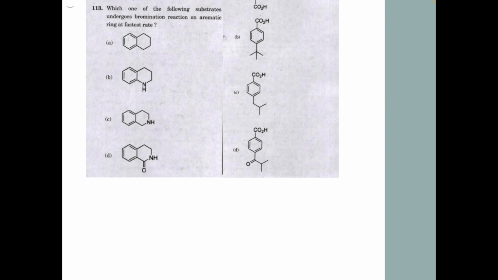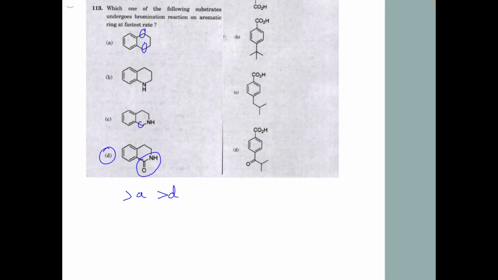So in option D, this benzene ring is attached with one electron withdrawing amide group, which will deactivate the benzene ring by pulling the electron. So this will have the least reactivity. The second least reactive molecule is option C, because in option A only CH2 carbons are there.